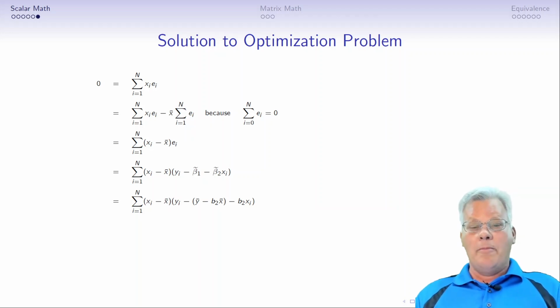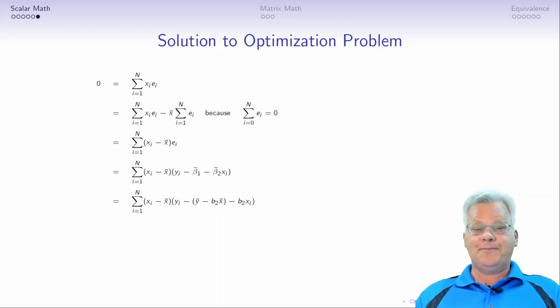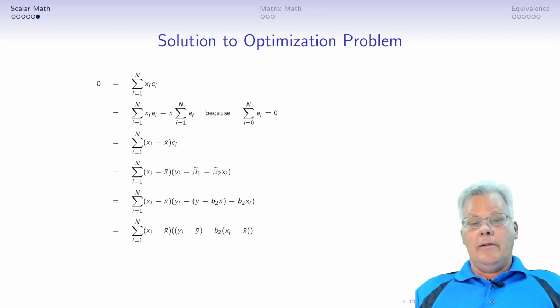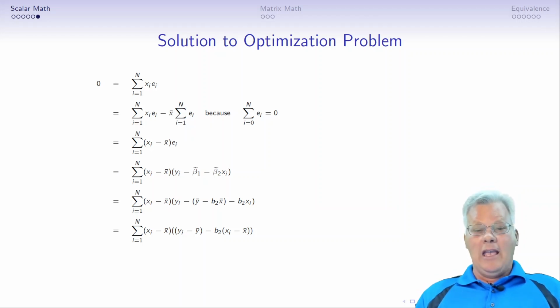It's y bar minus b2 x bar. Okay, so combining like terms for b2, I have now this next equation.